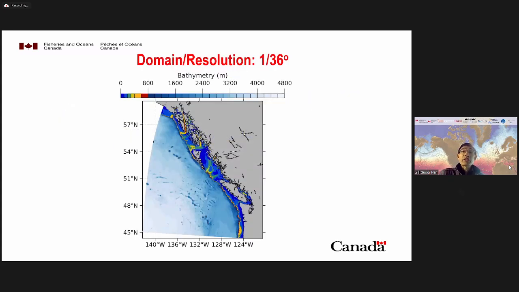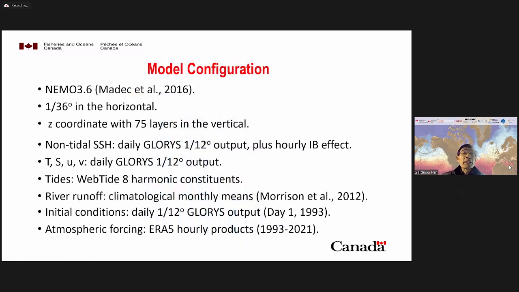So we've used the ocean model and tide gauge data. And here you are looking at the model domain. This is the NEMO model with 1/36-degree horizontal resolution. And we include tidal forcing, wind forcing, freshwater runoff, and heat flux.